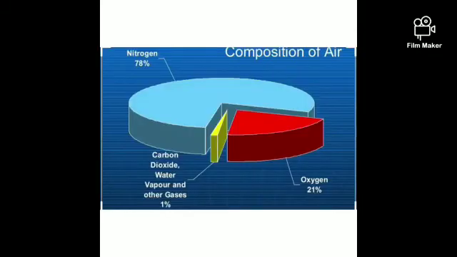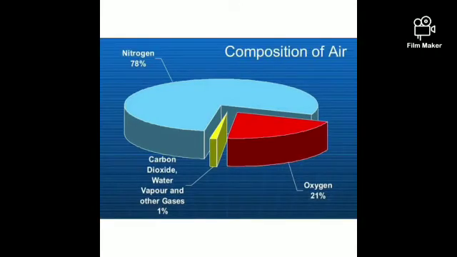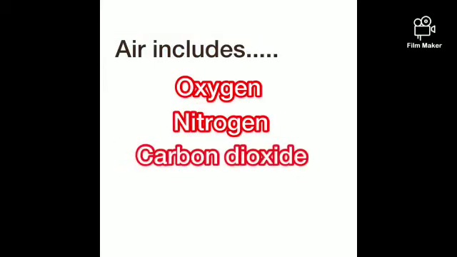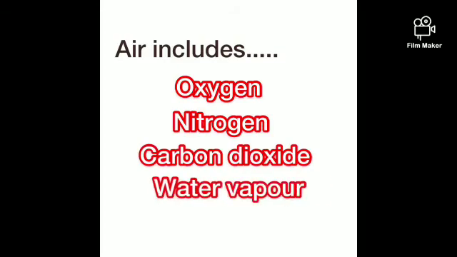However, the largest part of air is made up of still another kind of gas. This gas is called nitrogen. As you can see in the picture, nitrogen is 78%, oxygen 21%, while the other gases are 1% of the composition of the air. Thus, we can say that air includes oxygen, nitrogen, carbon dioxide, and water vapor.